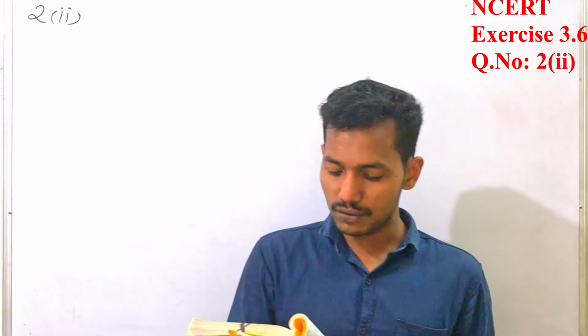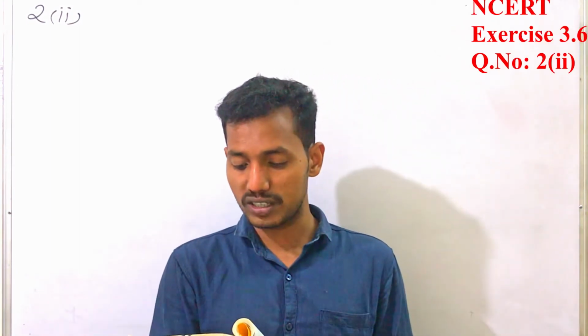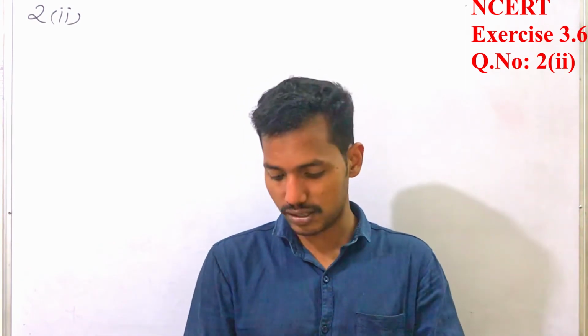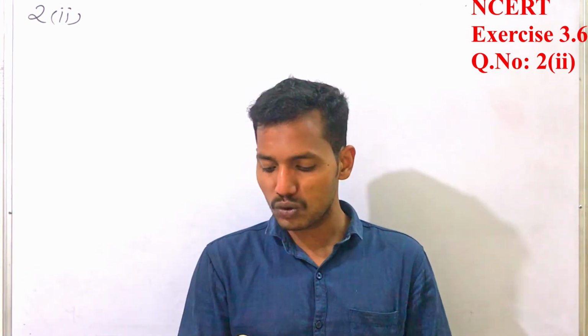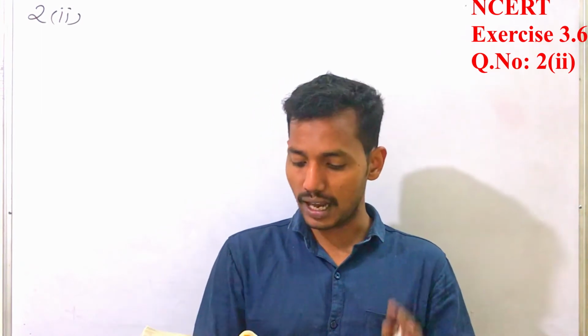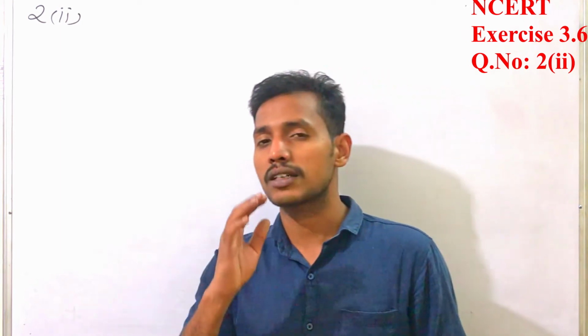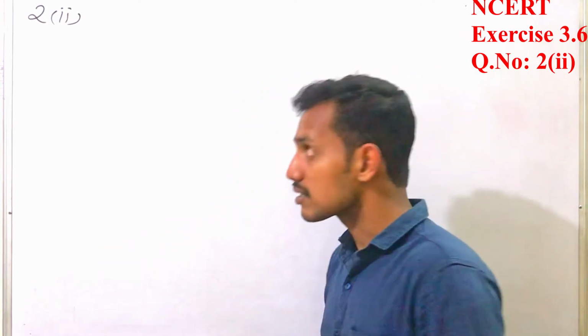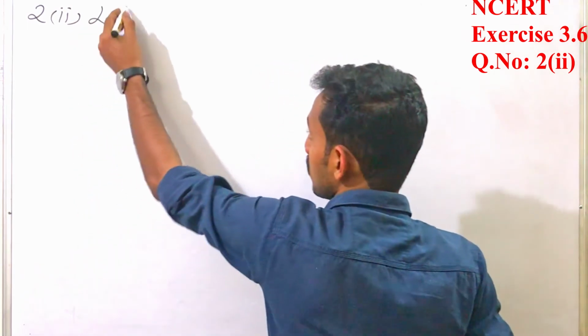Now I am taking question number 2, option number 2, a very important question. 2 women and 5 men can together finish an embroidery work in 4 days, while 3 women and 6 men can finish it in 3 days. Find the time taken by 1 woman alone to finish the work, and also the time taken by 1 man alone. So let's put the variables.